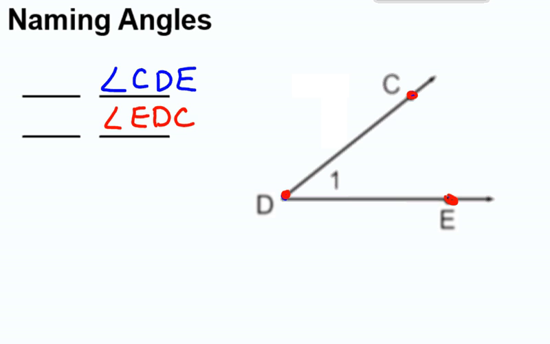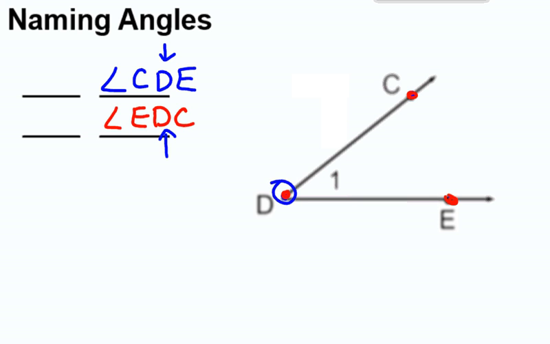You could not say angle ECD. The middle letter has got to be the vertex. Notice right here the D, which is the vertex, is in the middle, and also the D is in the middle in this one. The vertex point has got to be the middle point when you're naming angles.